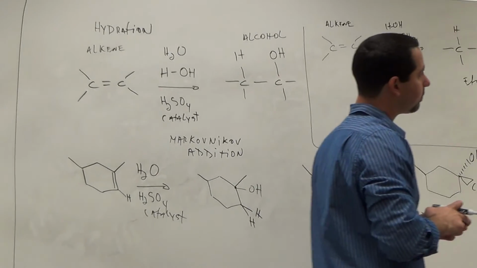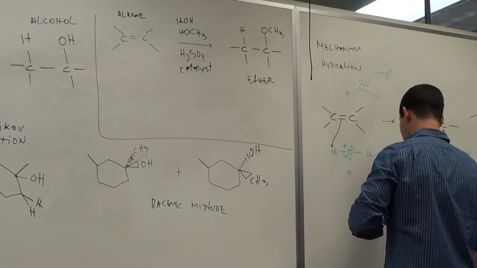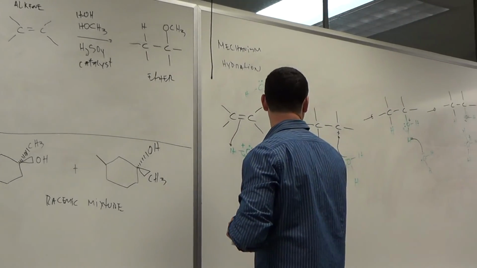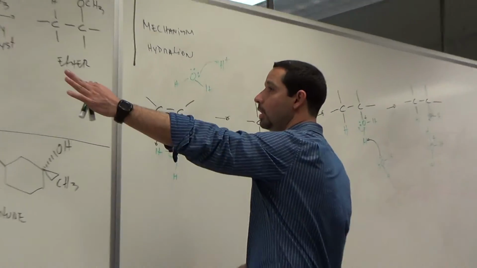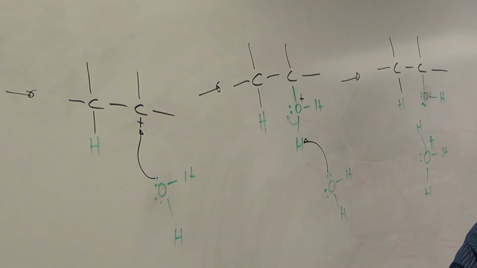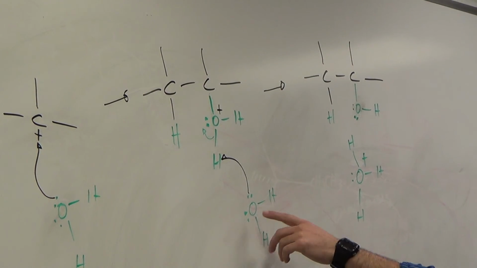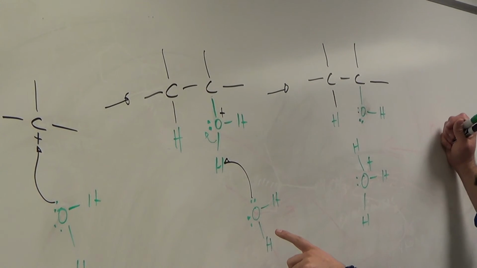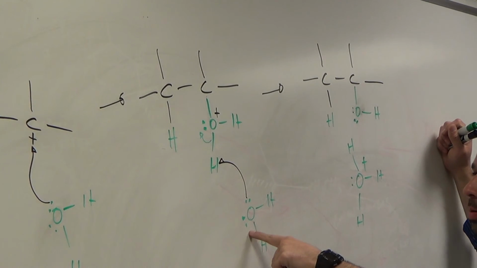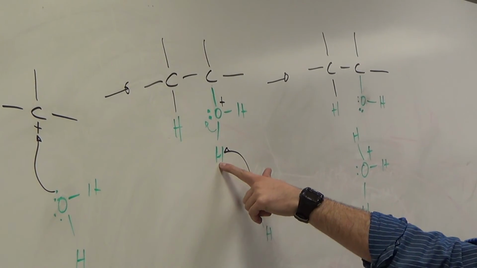Yes or no? Wait, can you explain that last part one more time? Which is the last part? The one that I did over here or the one that I did here? Like from the transition from this to that, because you said don't forget there's another water molecule. Yeah, this water molecule, because there are many around, will pull this hydrogen off.